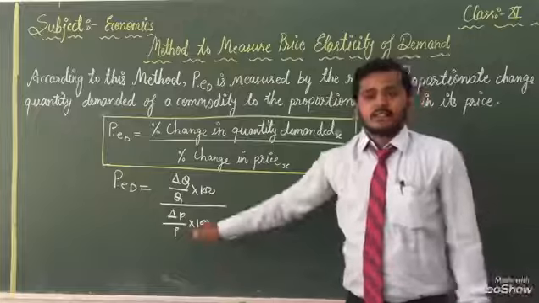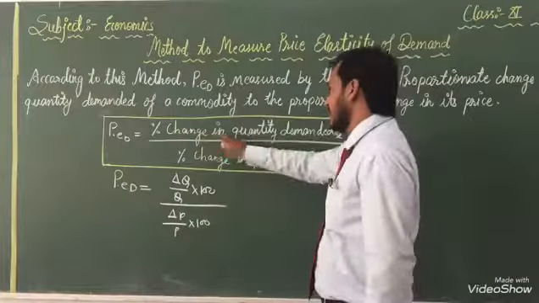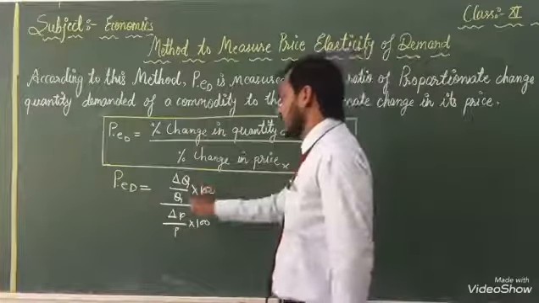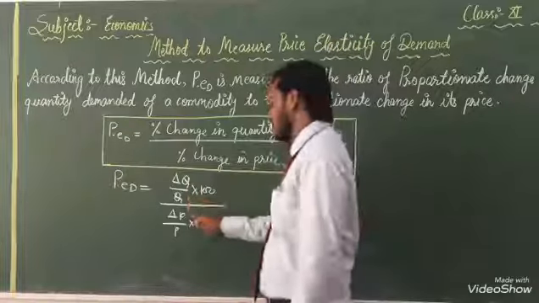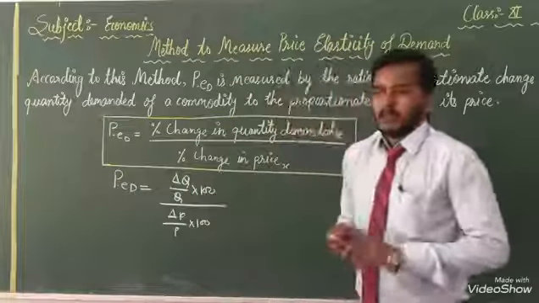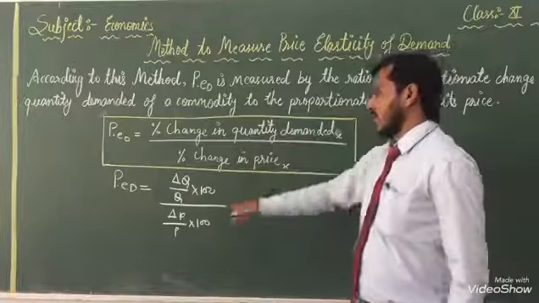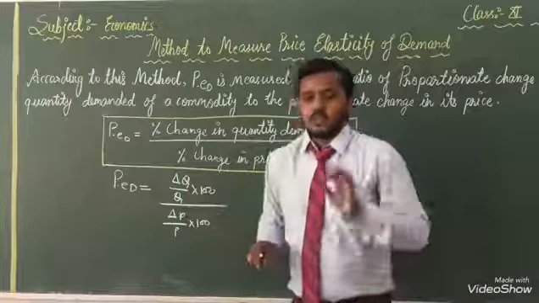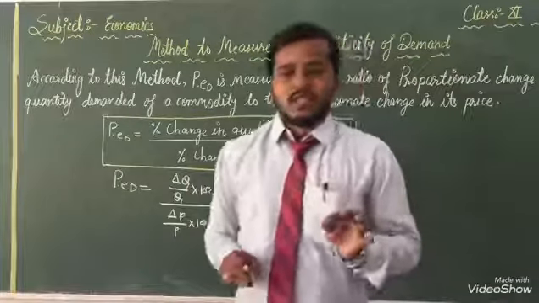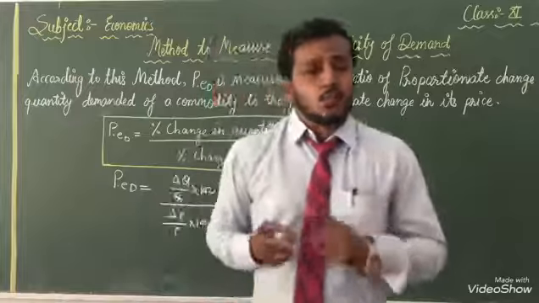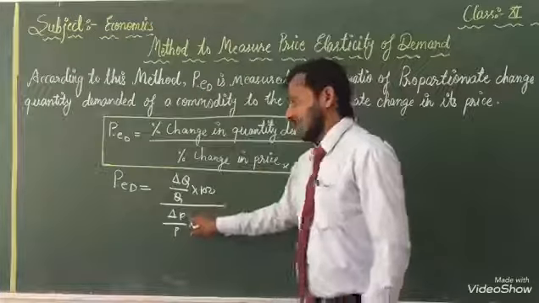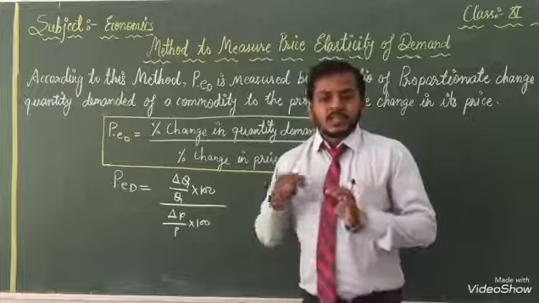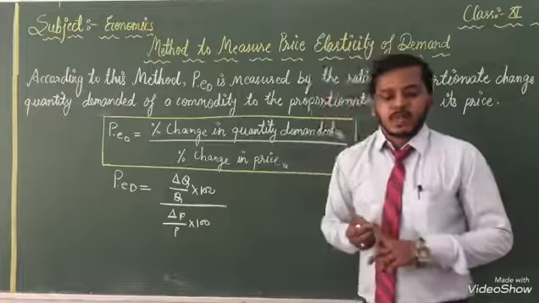Now I have written in front of you the change in quantity demanded. For example, I have written del Q and Q. Q is the old quantity and the second one is the new quantity. Similarly, one is the old price and the second is the new price.